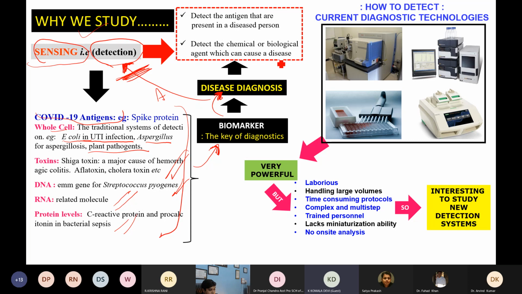And then there are two concepts basically. One is to detect the antigen that is present in a diseased person or plant, or else detect a chemical or a biological agent which causes a disease either in humans or in plants. So my point is what? If you feel that this is a plant and this chemical can cause infection in the plant, you detect this particular chemical in that matrix.